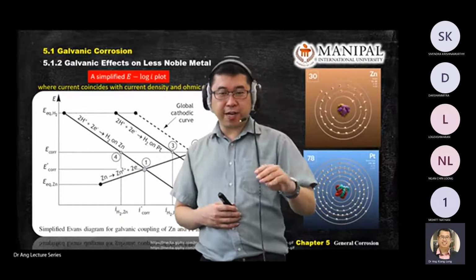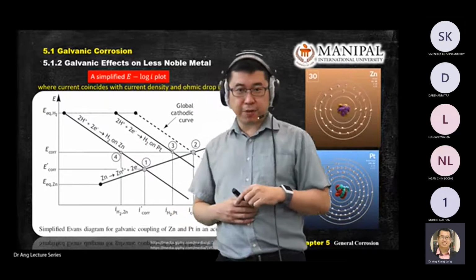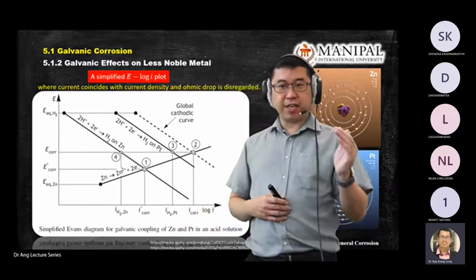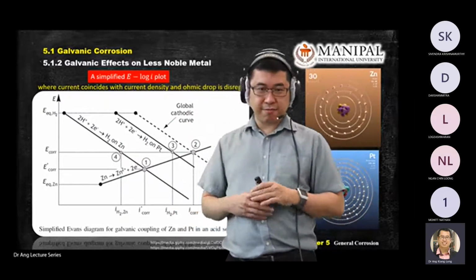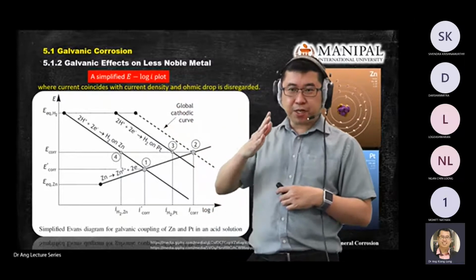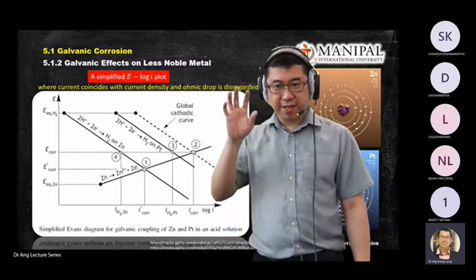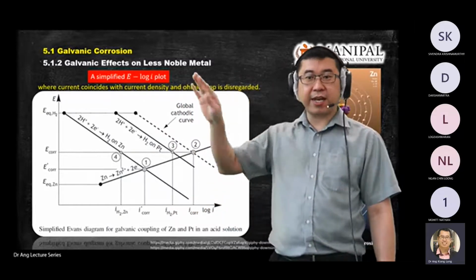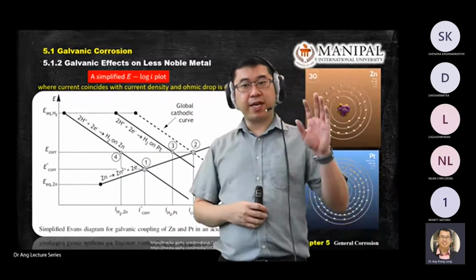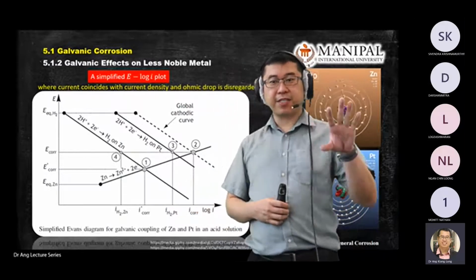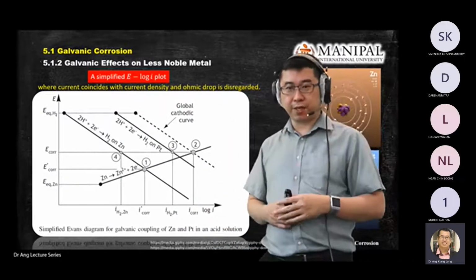The lower pH value means high H positive concentration. If you go to the alkaline region, pH level more than 7, it means you have OH negative charges in the solution. But now we are at the acidic solution. Acidic solution means we focus on H positive.